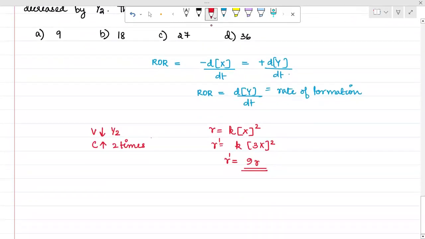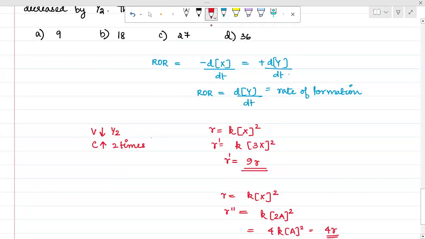Correct? So this is there. And along with that, we know that rate is K times X squared. And now, depending on the volume of the vessel, when reduced to half, concentration increases 2 times. And this is going to be 4Ka square, which means 4 times the initial one.